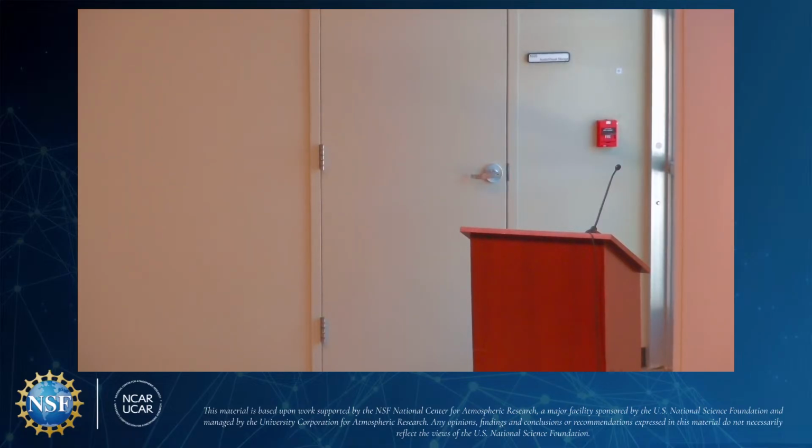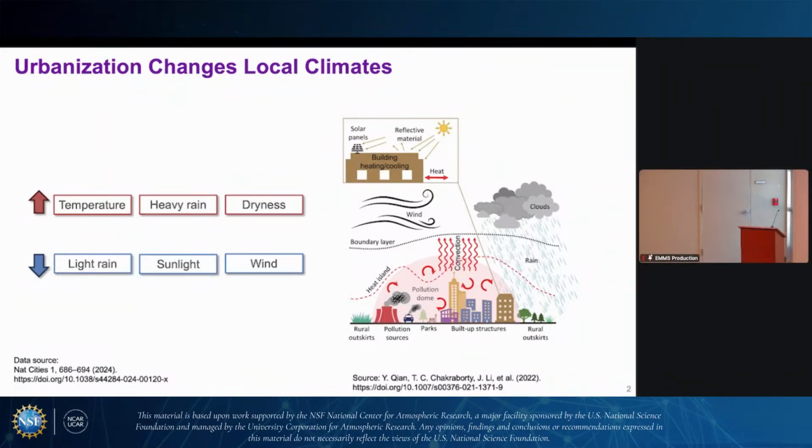This change in the surface will make a difference in the energy balance and the atmospheric conditions among the urban areas, which makes the local urban climates different, especially the temperatures. The urban areas will receive more heat and have higher temperatures than the rural surroundings.